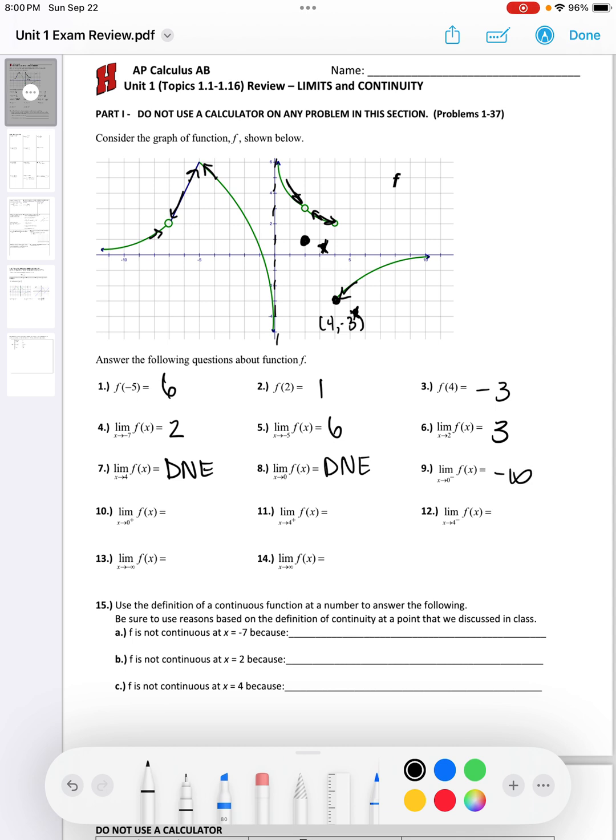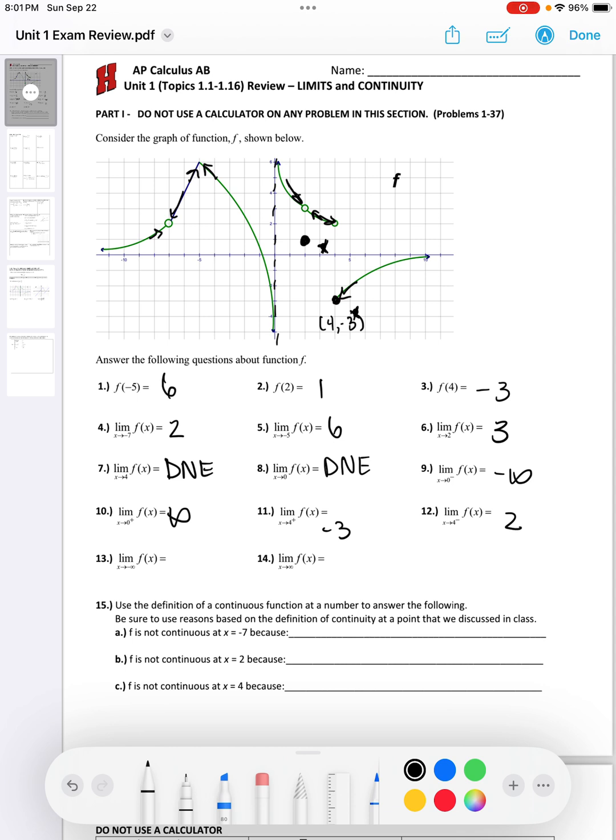And 0 from the right, that part is going up, that's +infinity. 4 was also D and E, so 4 from the right, that one is getting closer and closer to -3. And 4 from the left, that is at +2.